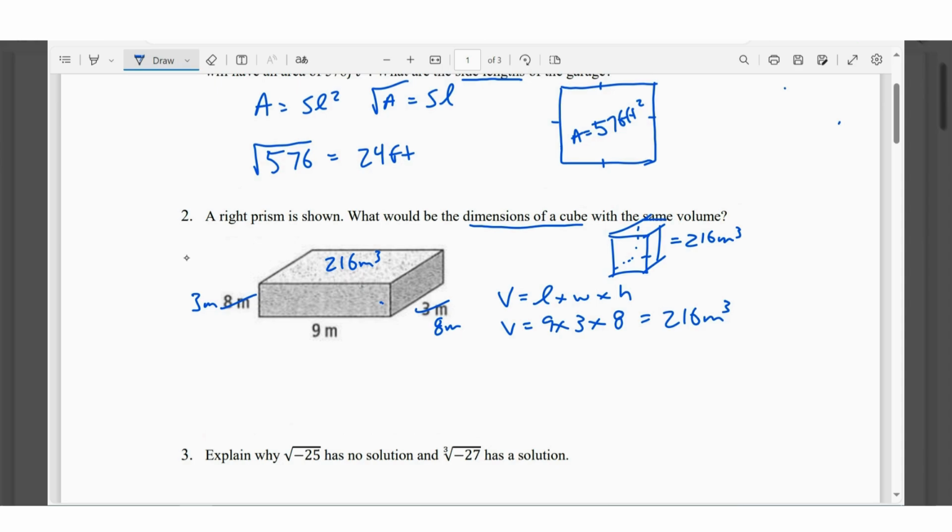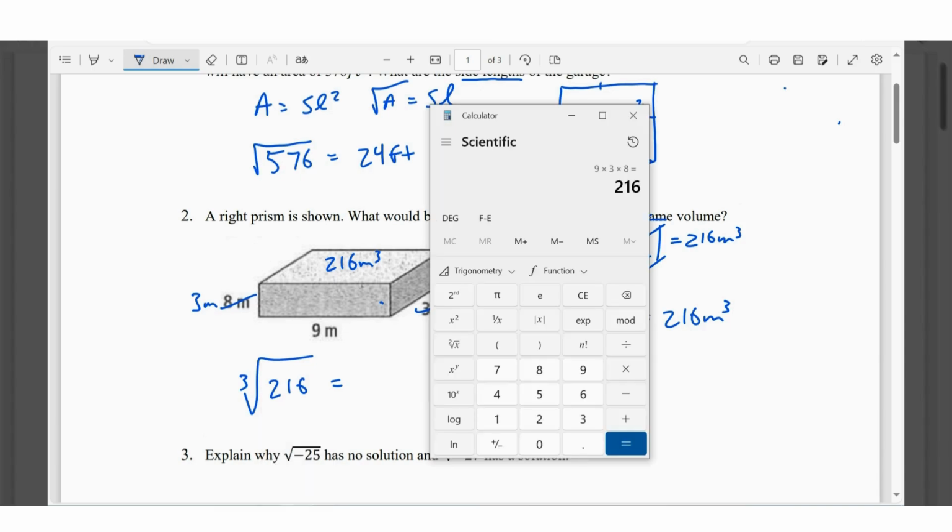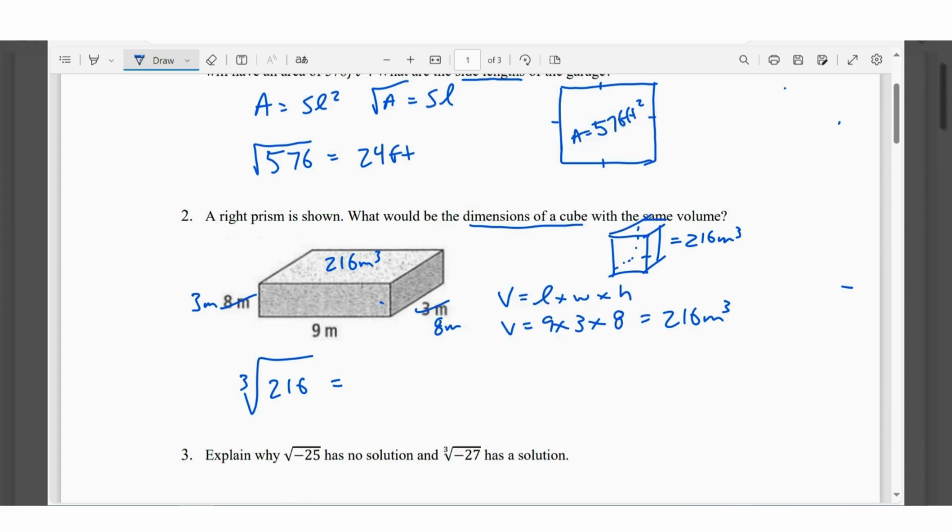The cube root of the volume of a cube will give us its side length. So the cube root of 216, the volume of the cube, would give us the side length. We can do this in our calculator. 216, cube root, equals 6 meters.